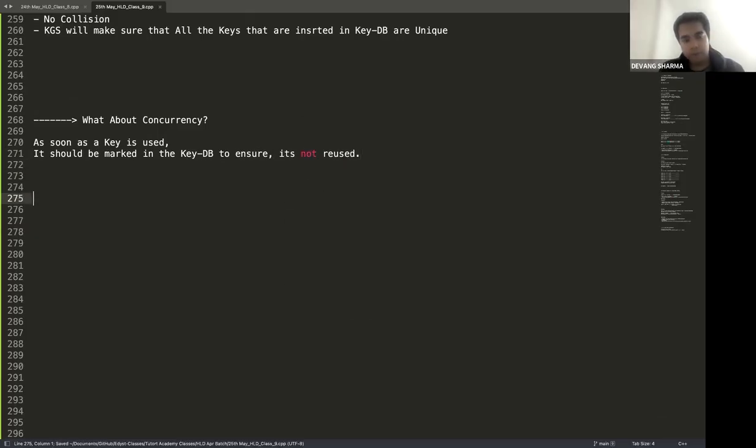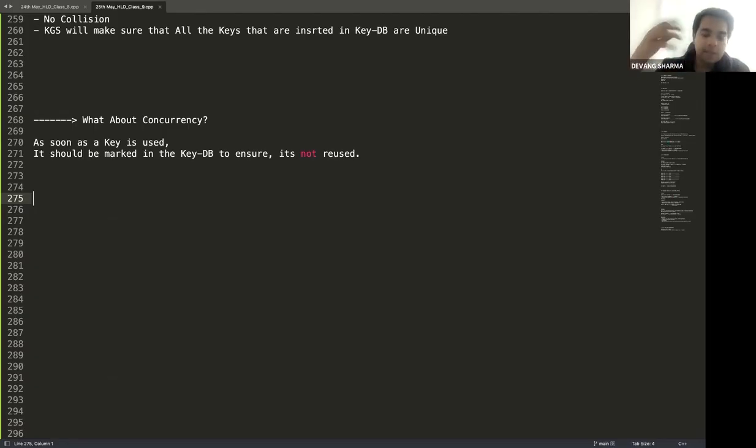What you don't want to do is give the same key. Key means the 6 characters we're talking about. You do not want to give the same key to 2 different requests, right? So the way to do that is, the moment a key is used, one request comes, you got that particular 6 character combination. Now, any time the next request or any other request comes, that 6 character key is not available for use. This part clear to all?